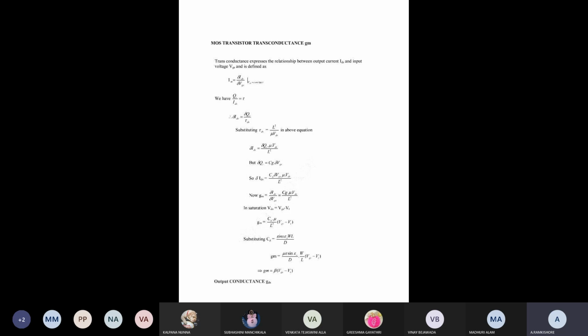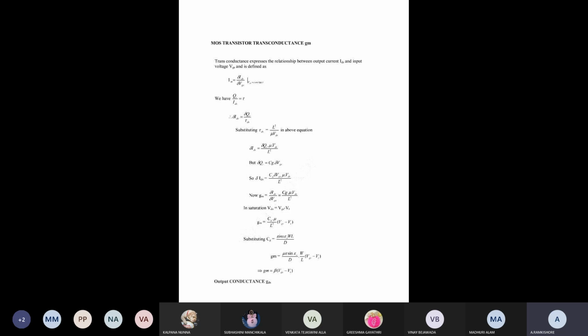Whenever we rearrange that equation, the denominator factor is multiplied with the numerator factor, so the equation becomes delta IDS is equal to mu into VDS delta QC by L square.